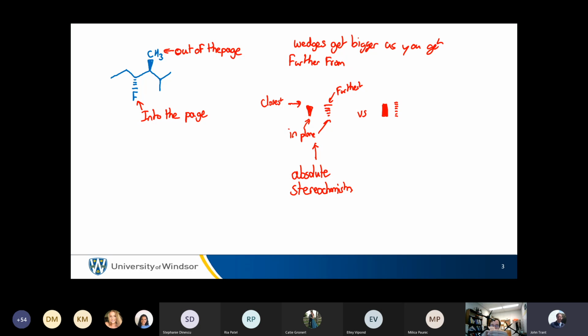The methyl group is coming towards you, the fluorine group is going back and away from you, and that is the way it is. If I had drawn it with rectangles instead, and you'll see this in the textbook, instead of wedges, that's my best attempt at a rectangle.